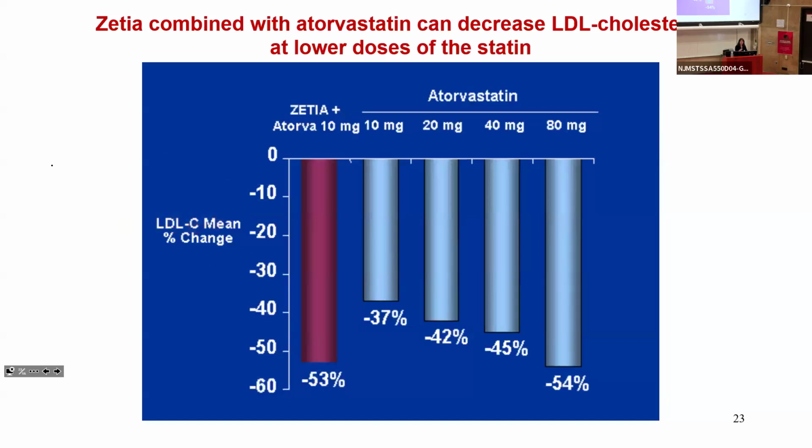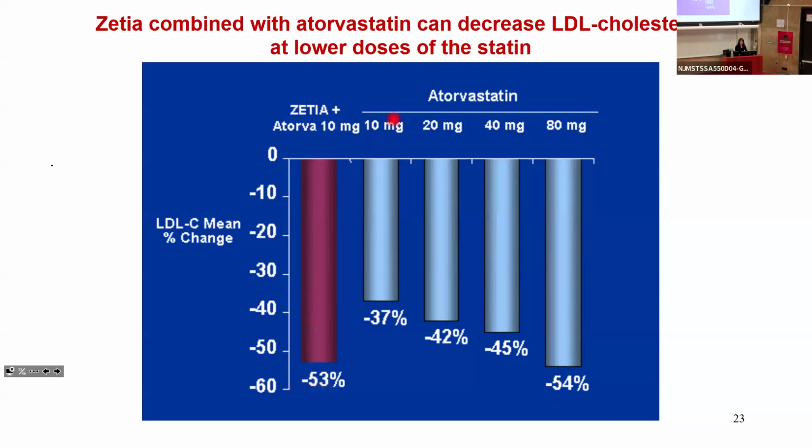They want to see how much of this LDL cholesterol, which is the principal particle that's ferrying cholesterol esters around, how much that's going down. So if you take Zetia, okay, that also has atorvastatin with it at 10 milligrams, you could reduce your blood cholesterol by 53%.